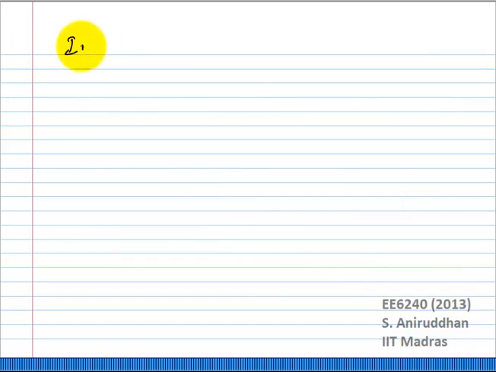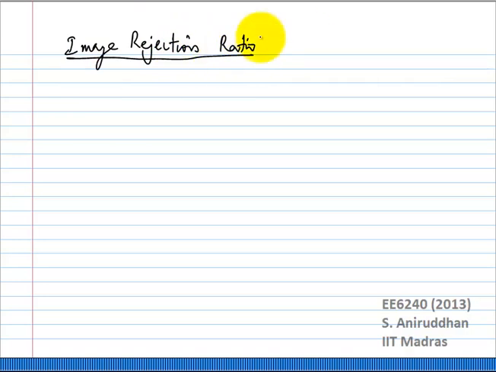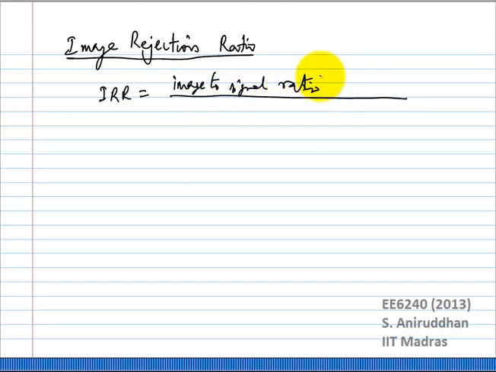So we are going to define image rejection ratio as the image to signal ratio at the input, at the output, over the image to signal ratio at the input.